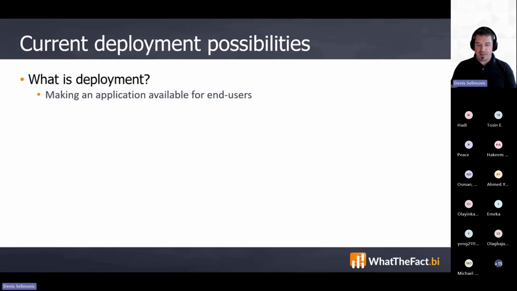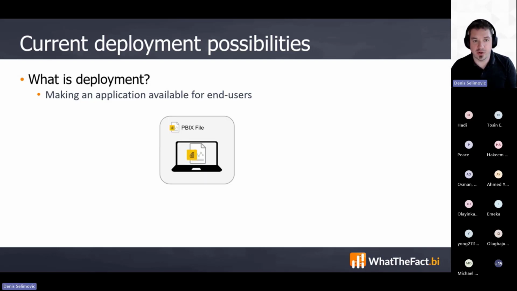A deployment is nothing else than the general definition of making an application available for end users. We're here specifically in the Power BI context, but you will have deployment in general in software development. That means also if you write programs in C# or .NET or whatever, or in Python, a deployment is just to make this application available to the end users.